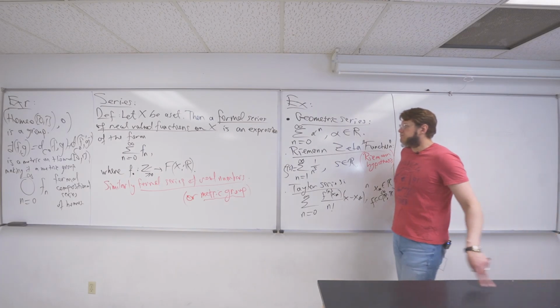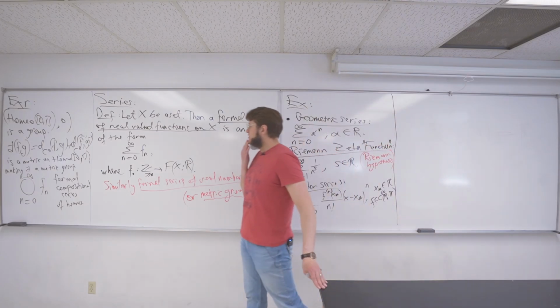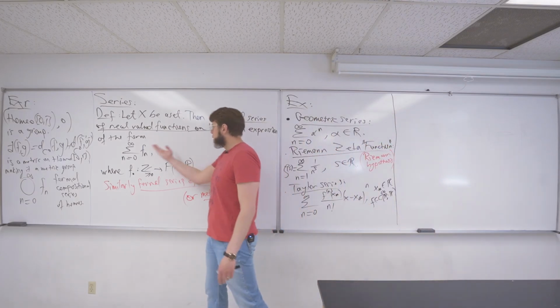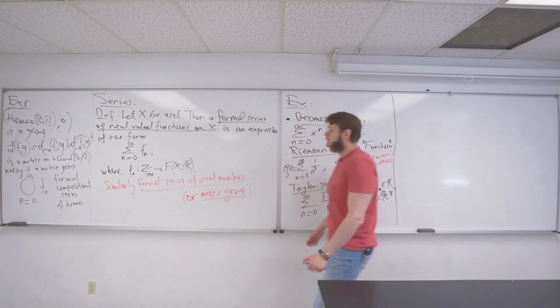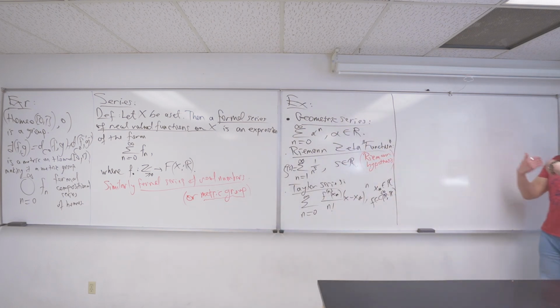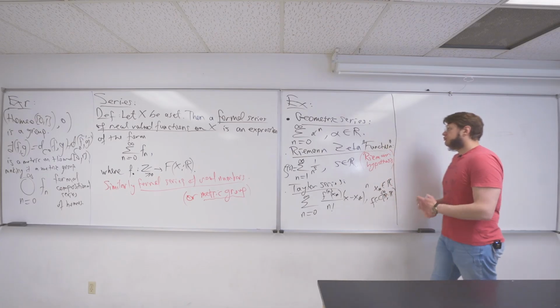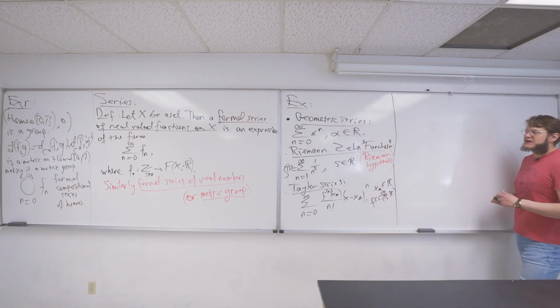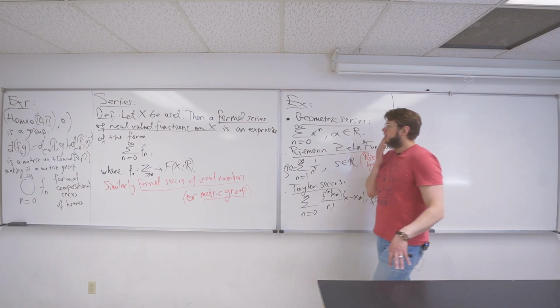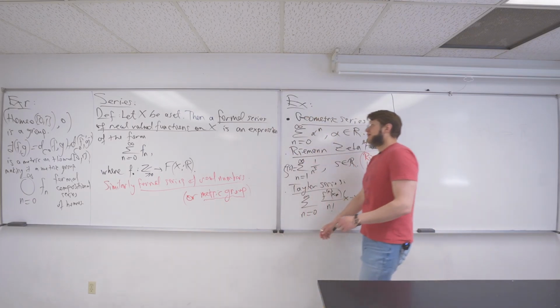Now, we should be able to say things about how to make sense of this as a number or as a function, whatever. So let's define what it means for a formal series to converge, diverge, whatever.